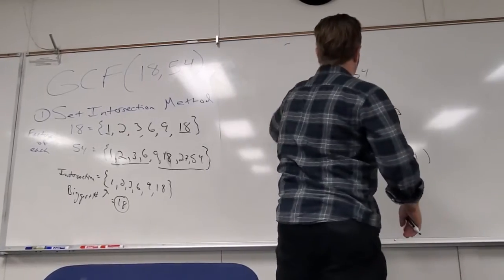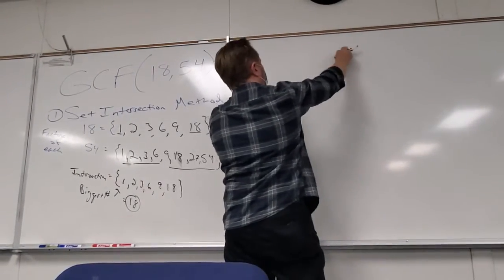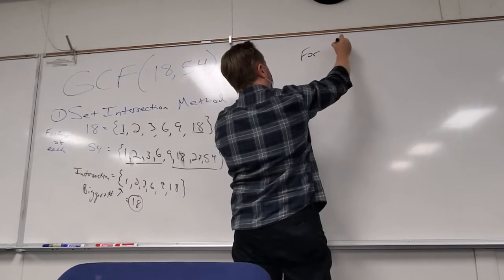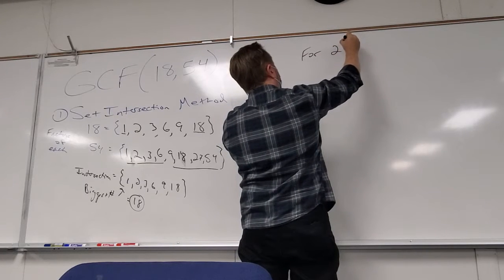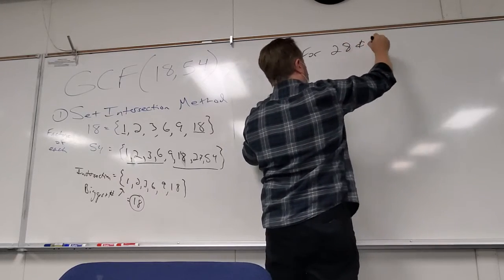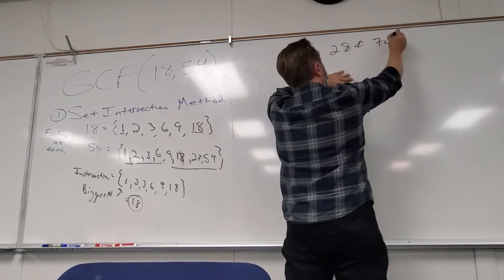So here, do this that way. There it is. So what do you got, Jeff? 20. Write a number. There's a number. 28 and 70.